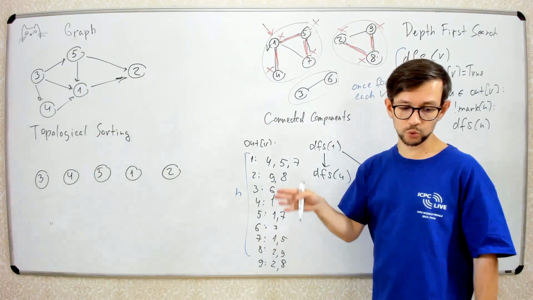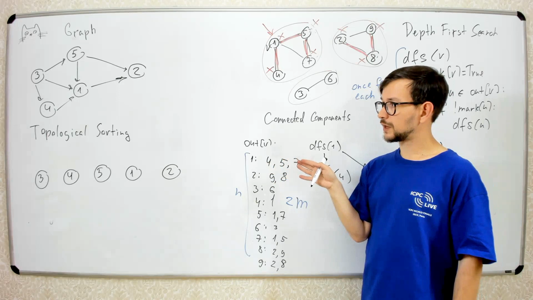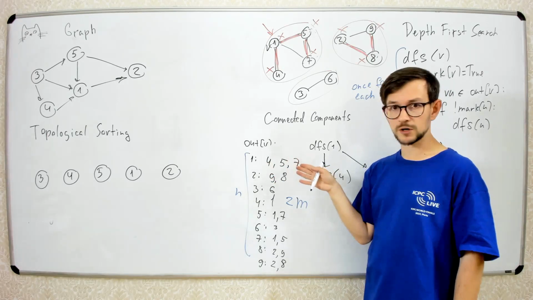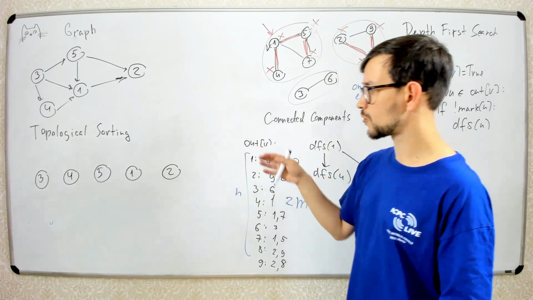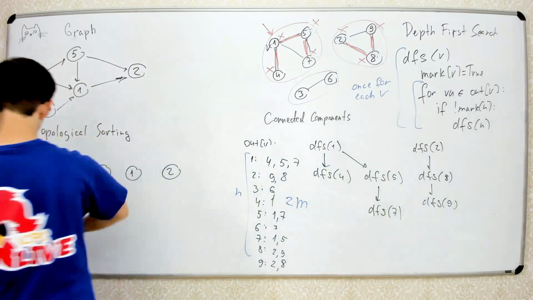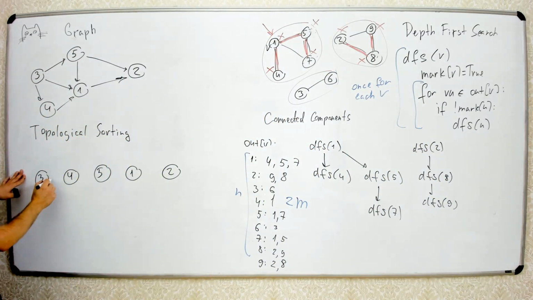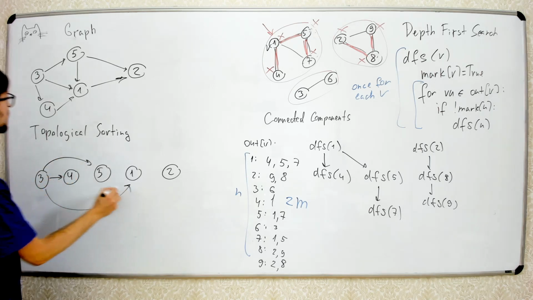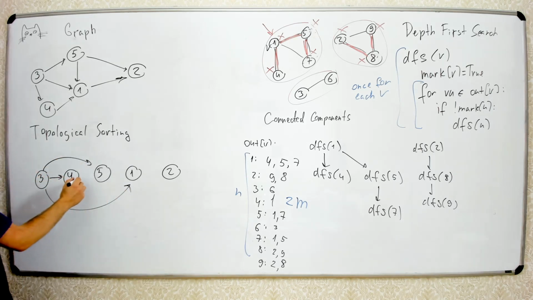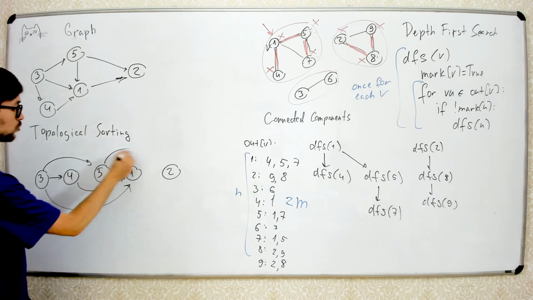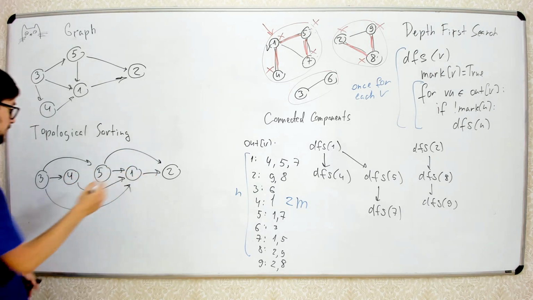If you put the nodes in this order, then all the edges will go from left to right. We have 3 to 4, 3 to 5, 3 to 1, 4 to 1, 5 to 1, 5 to 2, and 1 to 2, like this.